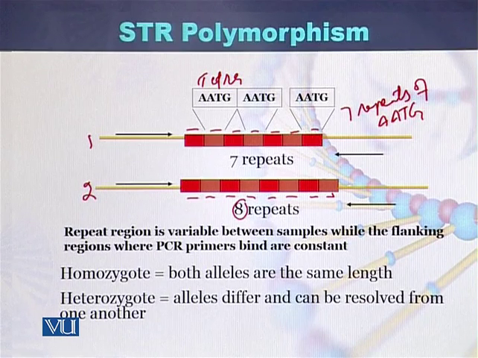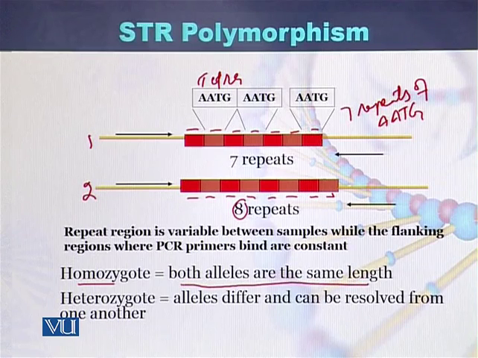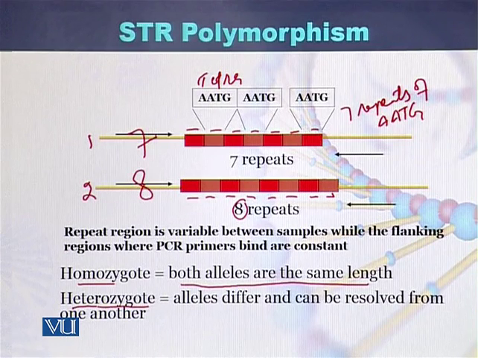If both alleles are of the same length, they are called homozygous, while if they differ from each other, they are called heterozygous. In this case, individual 1 has 7 repeats, while individual 2 has 8 repeats. So these individuals are heterozygous.